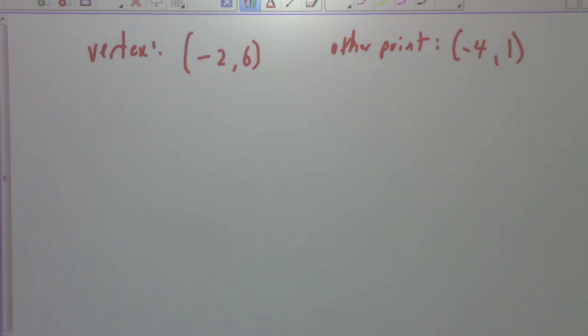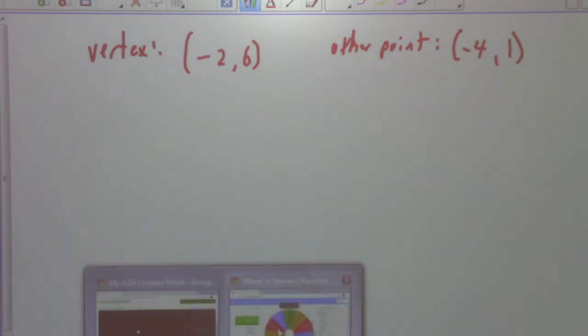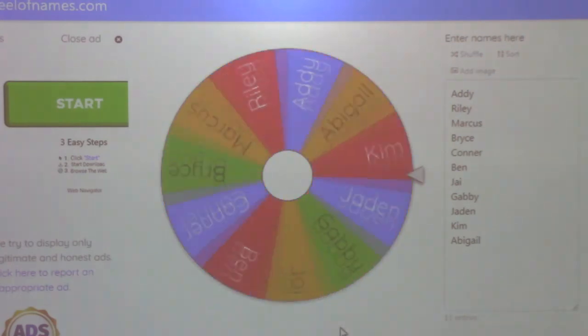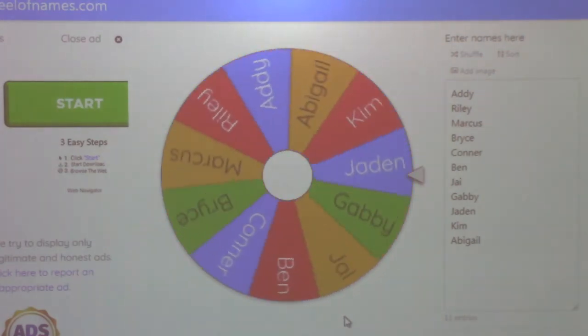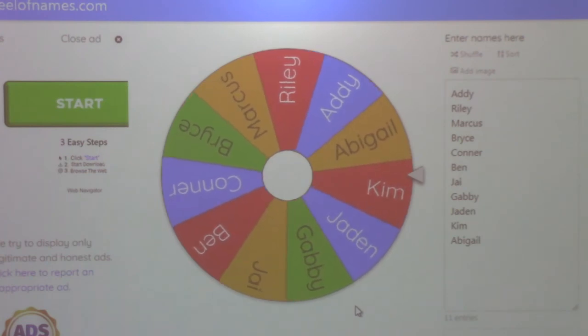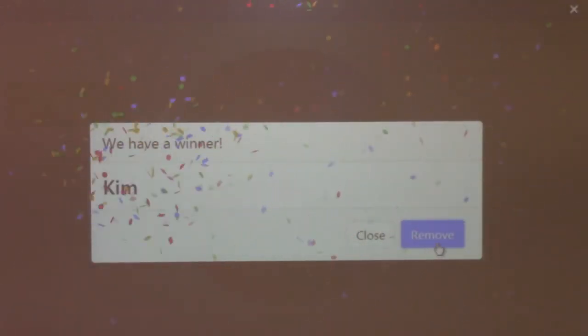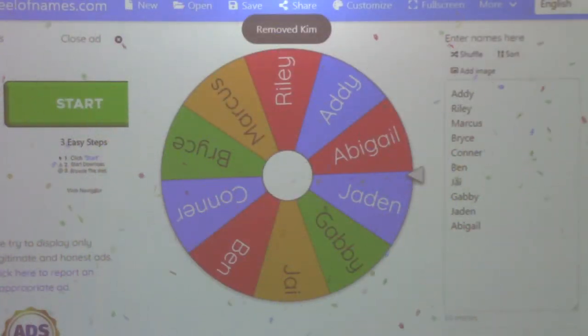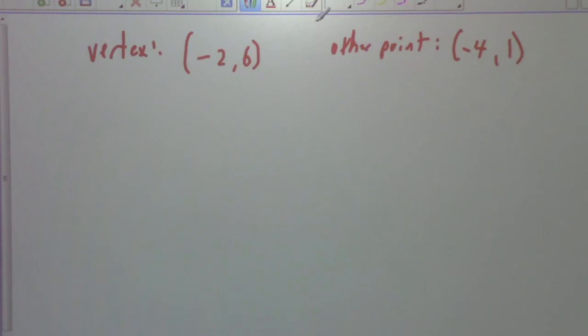Okay, I'm going to spin the wheel here. See what we get. Oh, we're going to get Kim. Oh, that's tough. Poor girl, she just comes to class, but she's been checking her work, so she's ready. If there's somebody who's ready, it's Kim. All right, Kim, what do we got? I shouldn't have done that.